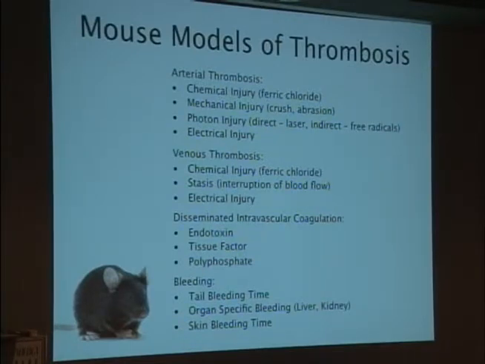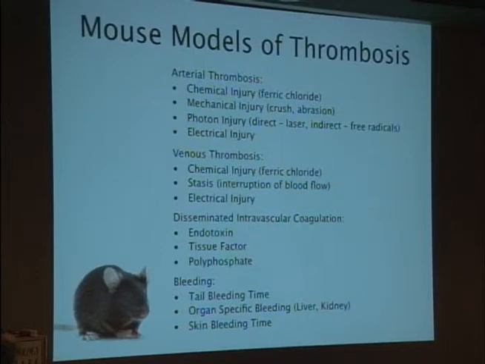There's fibrin in it, but a true venous thrombus in a human is actually relatively red cell rich with fewer platelets in it, and it's caused primarily by stasis. So the stasis models are probably best in those regards, but it's difficult to do a good stasis model on a mouse. You can ligate the inferior vena cava for a few minutes and see how big a clot gets, that kind of thing. But the arterial thrombosis models I think are a lot more straightforward.